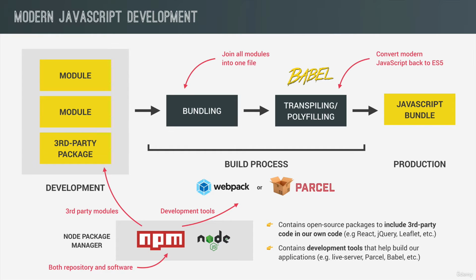Alright, so this is a high-level overview of how we develop modern JavaScript applications today. And if you ask me, this is really exciting stuff, because this is how professional developers actually write JavaScript today. And so in the rest of this section, you will take a big step in the direction of becoming a professional developer too.